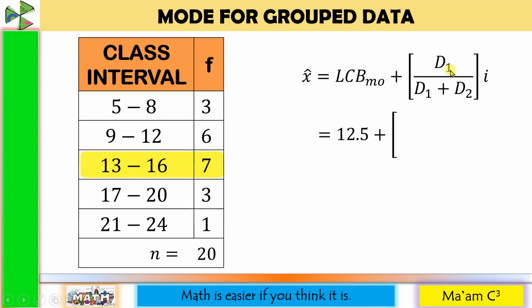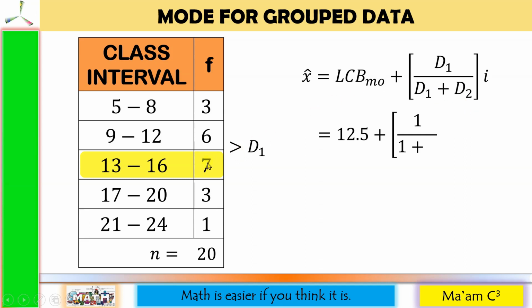D sub 1 again is the highest frequency minus the frequency of the next lower class from the modal class. So this is the next lower class, 9 to 12. So this will be our D1. 7 minus 6 is equal to 1. Divided by, let's copy the value, D1 again. And then we have plus. Next is D2.